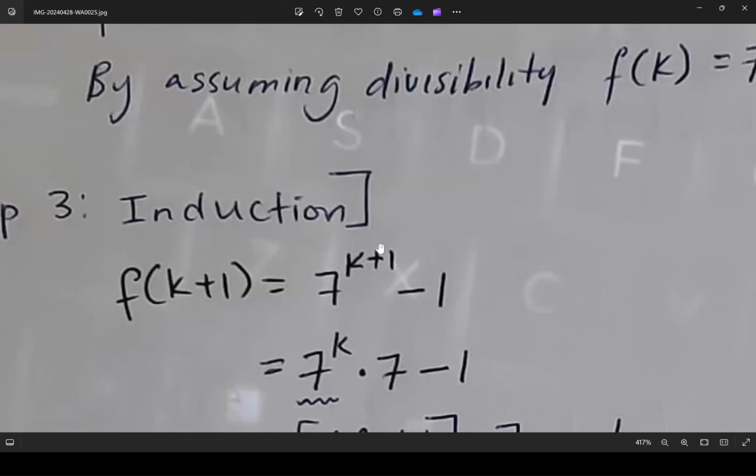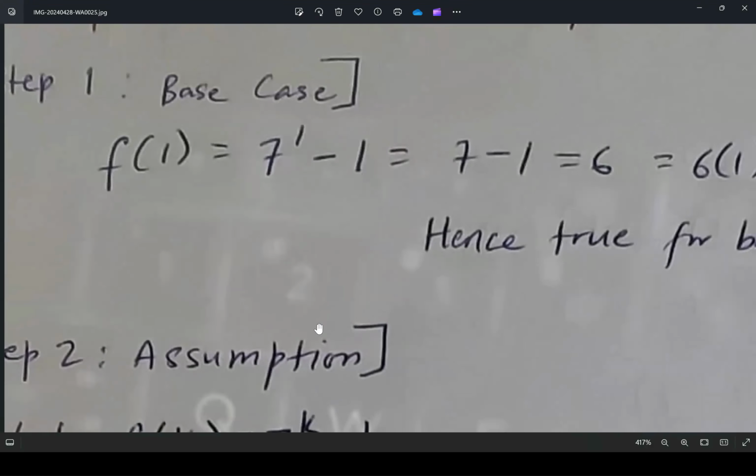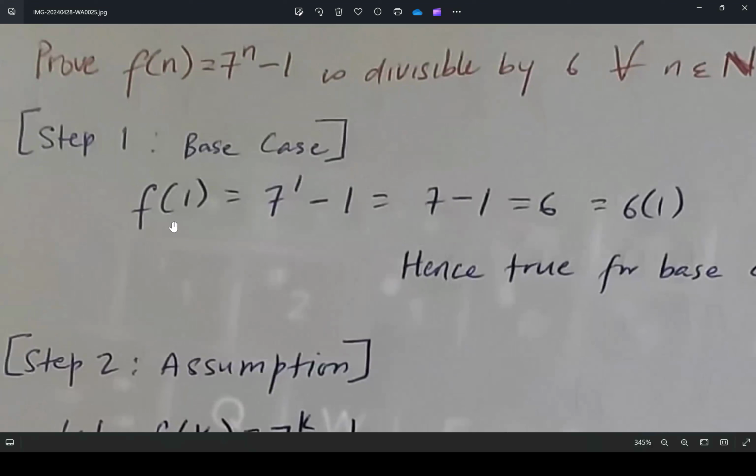To be fair, the base case, I could also start with 3. In theory, I could, because if it works for 3, it works for 4, 5, 6, 7, 8, 9, 10, and all the way up, and I know it also works for the things below me as well. But people usually start from the first possible value, so oftentimes it will be 0 or 1. If it says non-negative integers, it starts at 0.